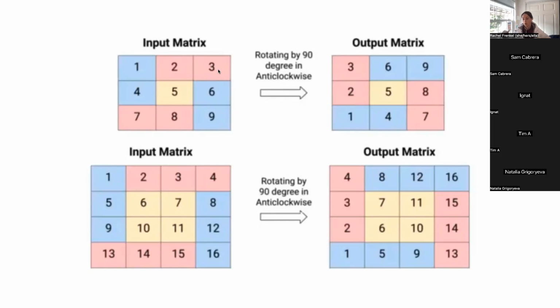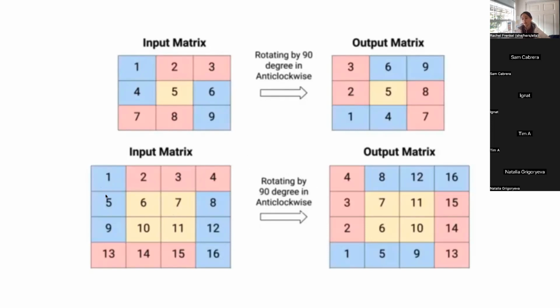So it's the floor, the round down, of the matrix size n divided by 2. Here this is a 3 by 3, 3 divided by 2 is 1.5, rounded down is 1. Here it's a 4 by 4, the number of layers is 4 divided by 2, which is 2. So this is just a thing about matrices.